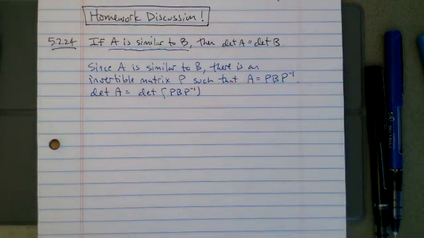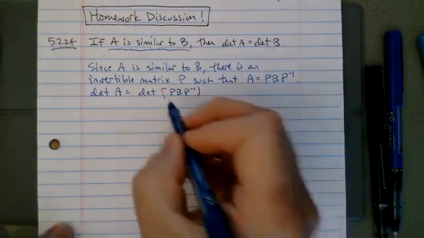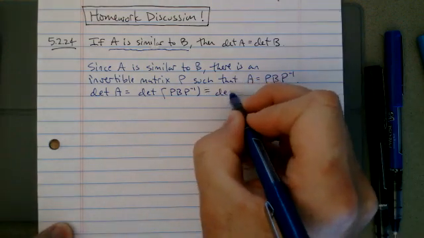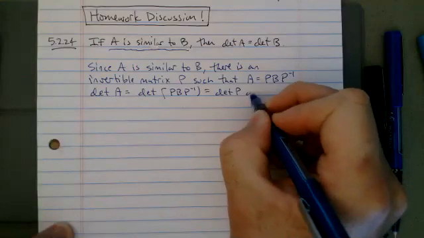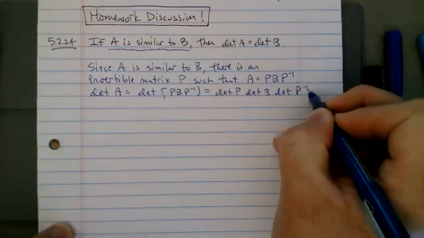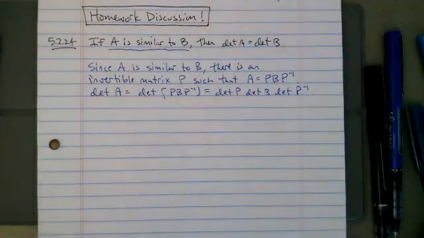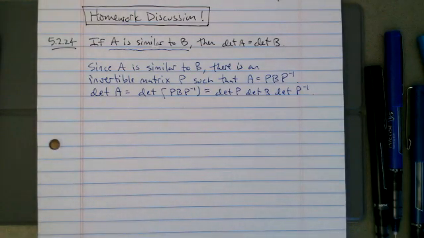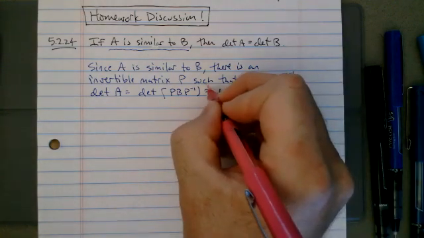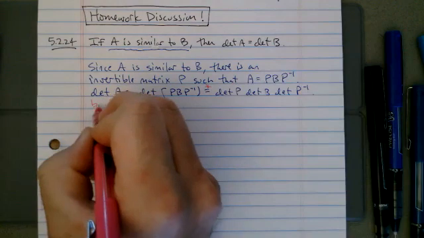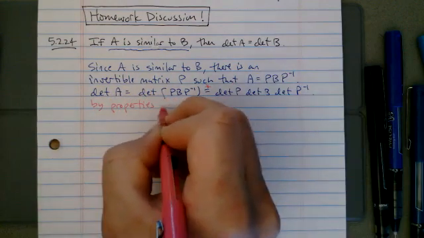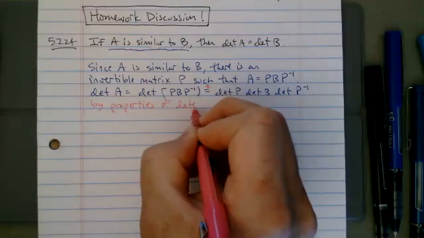And by properties of determinants, that is the determinant of P times the determinant of B times the determinant of P inverse. It's this equal sign that's by properties of determinants.